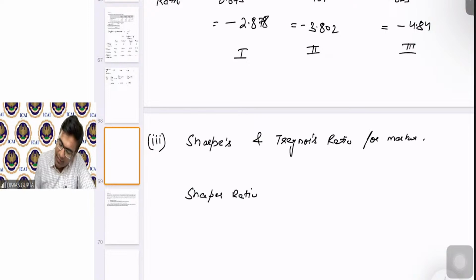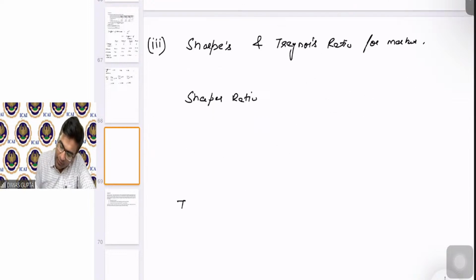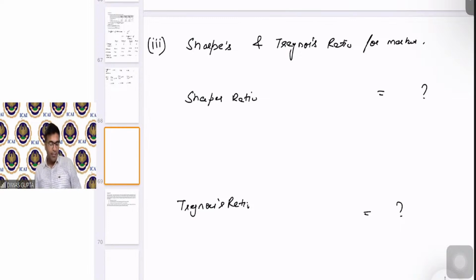Now, students, can anyone tell me what is this number? I request everyone to please attempt this. This is very interesting. For market, we are calculating the Sharpe and Treynor ratio. Yes, Shruti, G is the first.